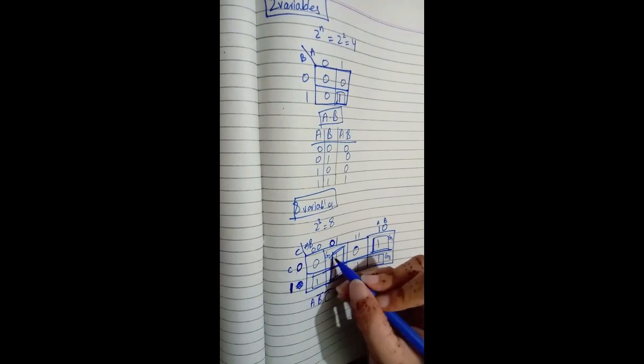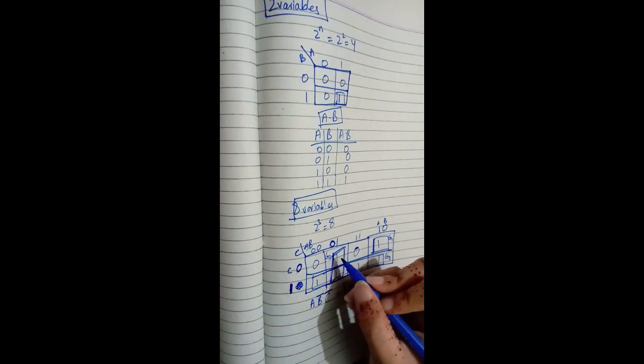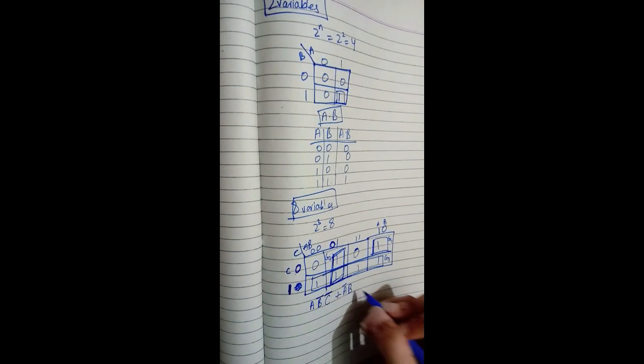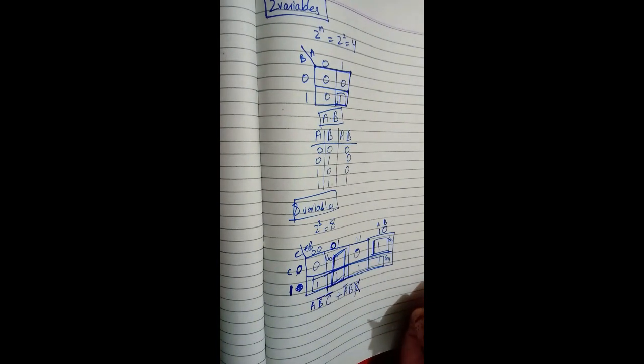In group 2 we have 2 numbers for C, 0 and 1. Whenever the number is changing, we will not write that variable. There should be C, but we will not write that. This is A bar B, simple.